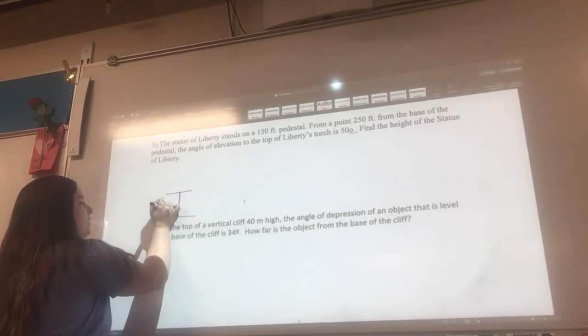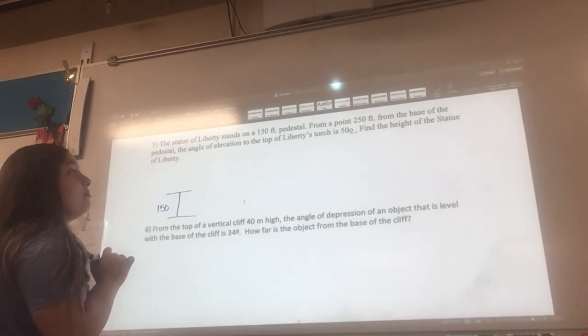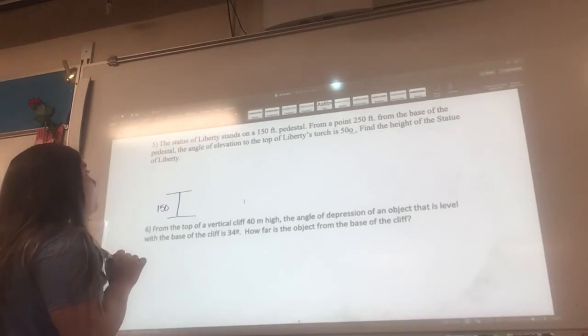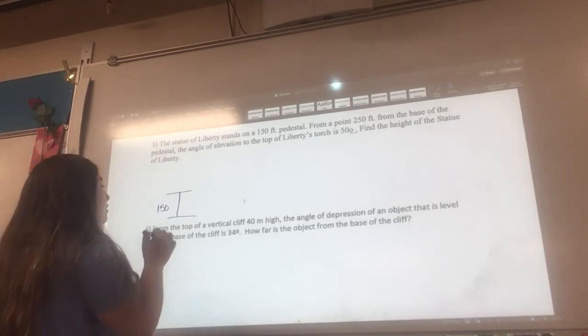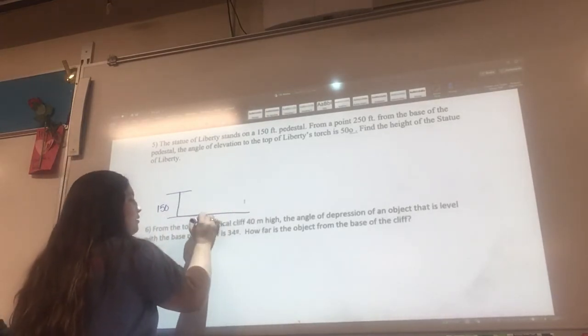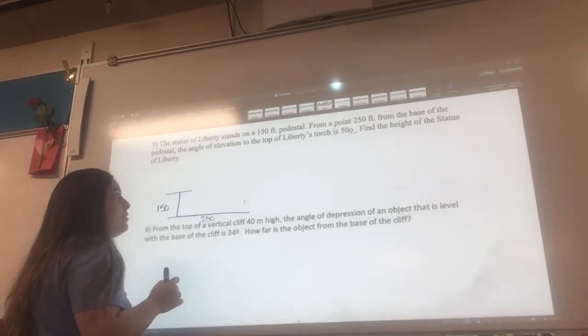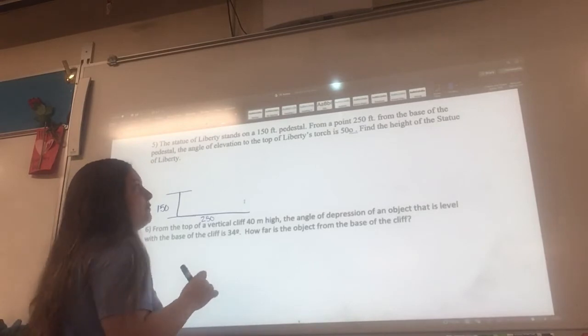It's 150 feet off the ground. From a point 250 feet from the base of the pedestal. Okay, so that says base of pedestal, about 250 feet away. The angle of elevation to the top of the Liberty's torch is 50, that's 50 degrees.